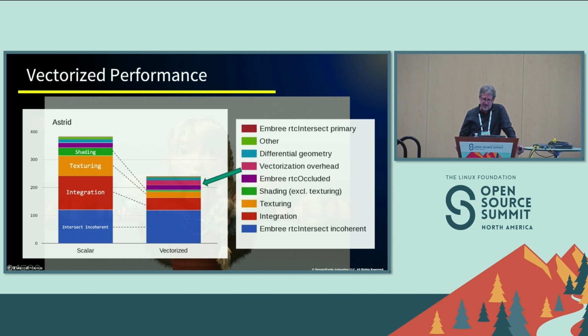Since Embree is already well vectorized in both our scalar and our vector code paths, we don't expect an improvement in this area, nor do we see an improvement. However, we do observe significant gains in shading, texturing, and integration, and despite the overhead for vectorizing the scene, we see a good result with about 37% performance improvement overall. So in scenes with complex shading, with hair, et cetera, we see big improvements, well worth the gains for supporting this code path.